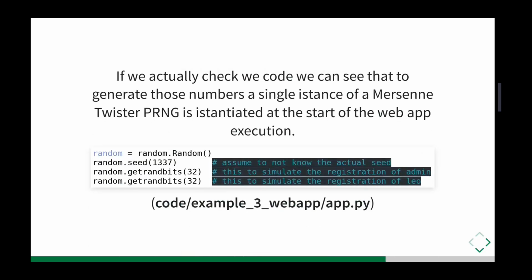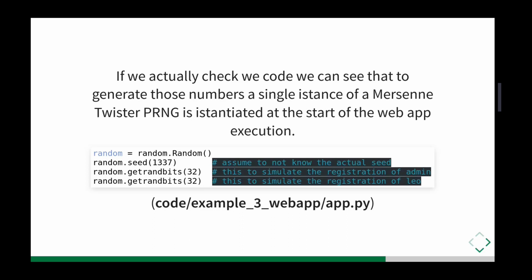So where's the vulnerability? As I said, you don't need to understand the Flask code because web development is not the scope of this course. The important thing to notice is the vulnerability. If we check the code, the numbers are generated by a PRNG. Of course, I brought this code to be vulnerable. I hope, for God's sake, that this is not used in real things, but you never know. Maybe something like this could be used.